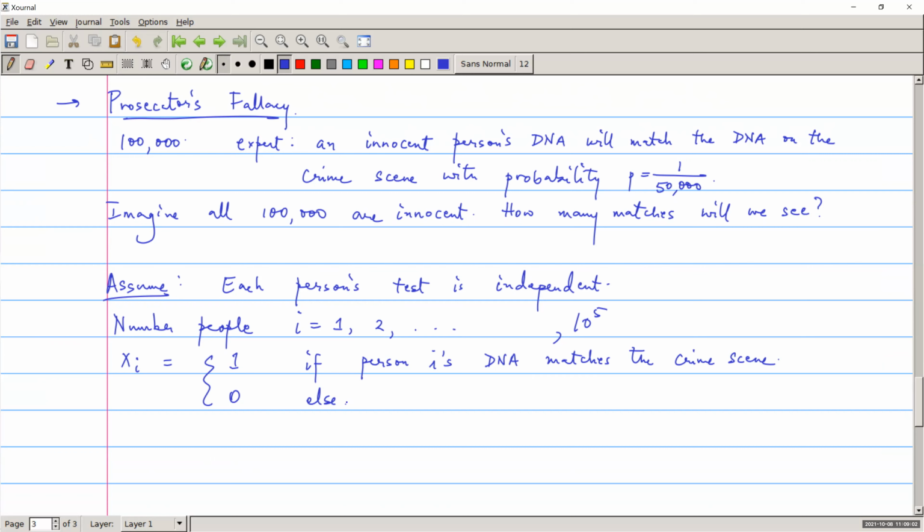Xi is 1 if the person's DNA matches the crime scene and 0 else.